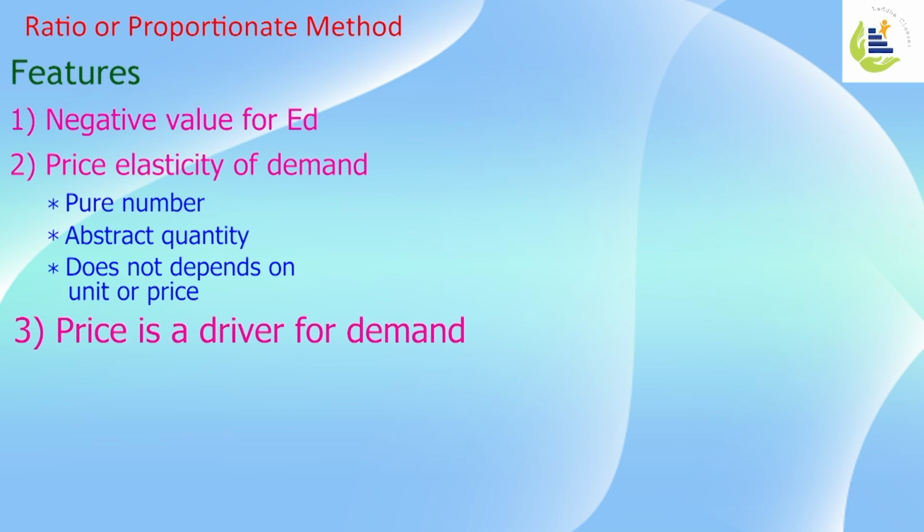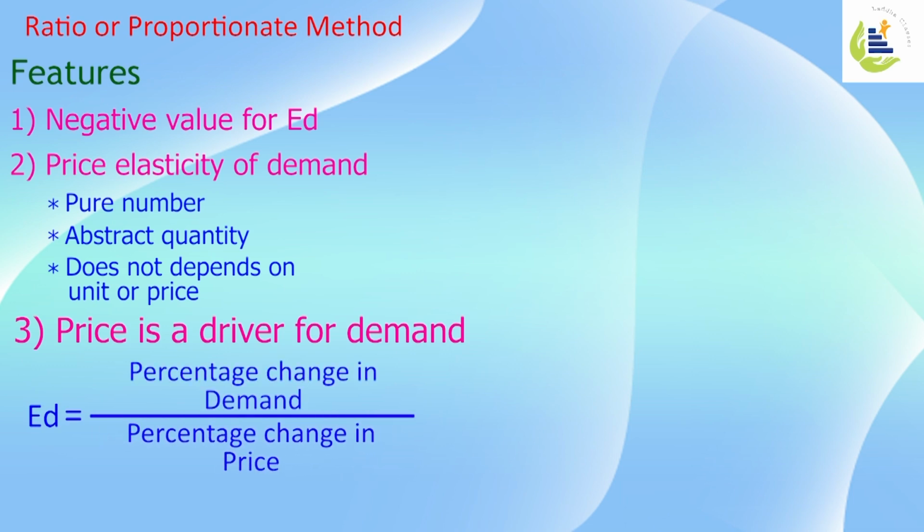Hence, in formula of price elasticity of demand, percentage change in price should come below and percentage change in demand should come up. Due to price change, demand changes. Hence, we divide percentage change in demand by percentage change in price.